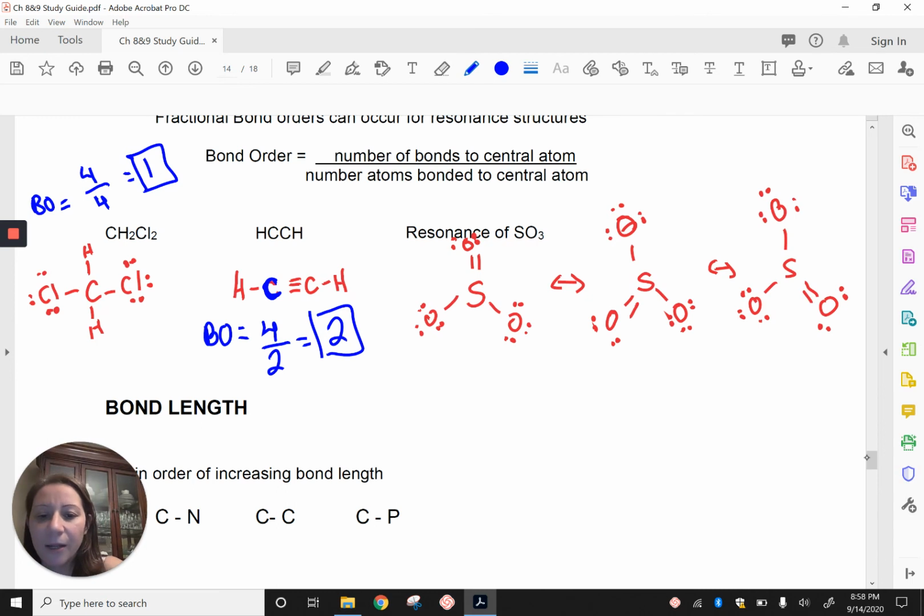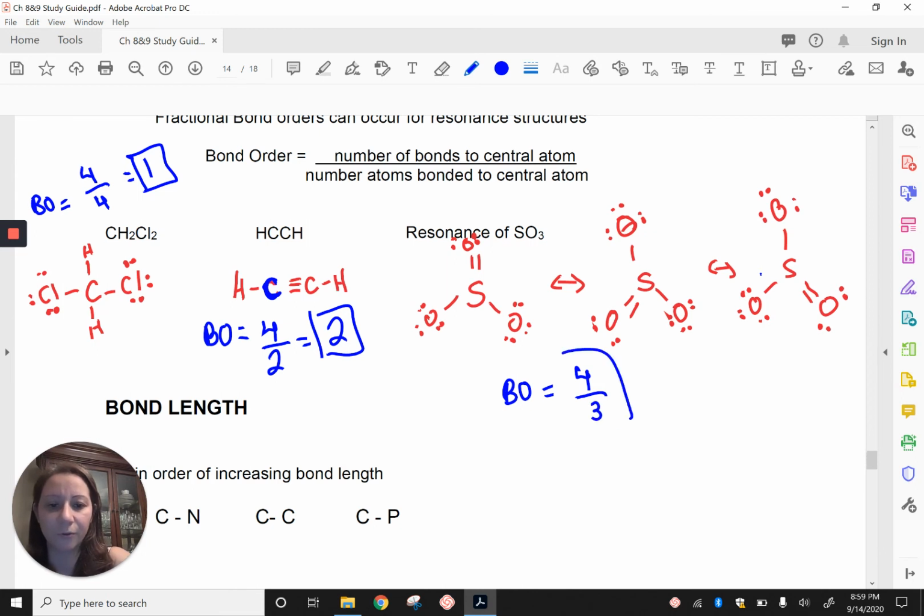Now, bond order can be a fraction. It does not have to be a whole number. So if you look at this here, it doesn't matter which one you do it for. They're all equivalent. But in any of them, the sulfur is your central atom. And so around that central atom, we have 1, 2, 3, 4 bonds. And then divided by, we have 3 atoms bonded to that sulfur.